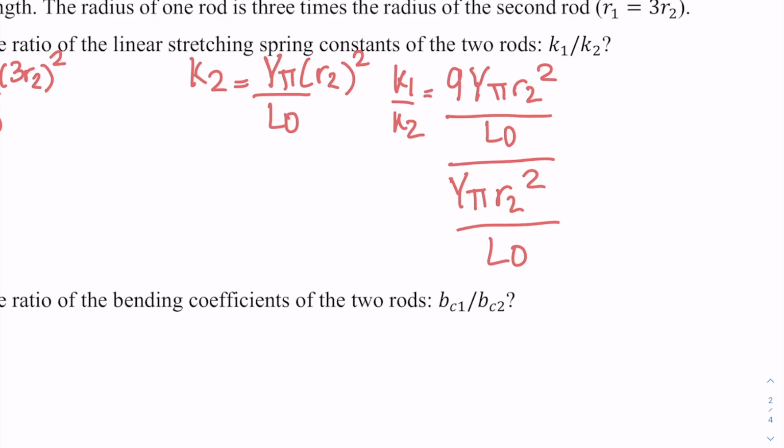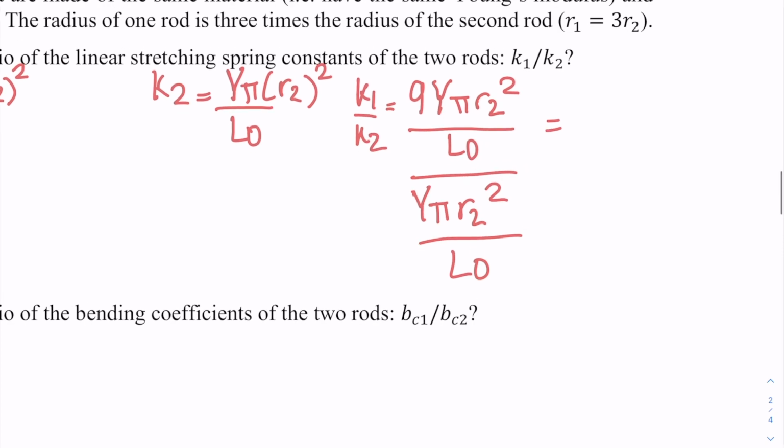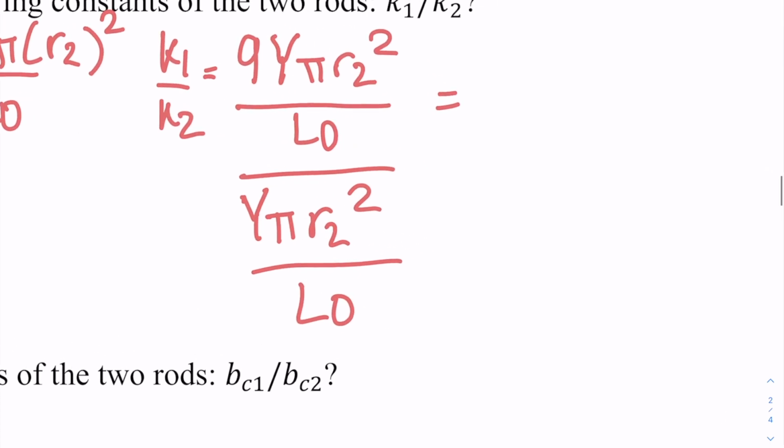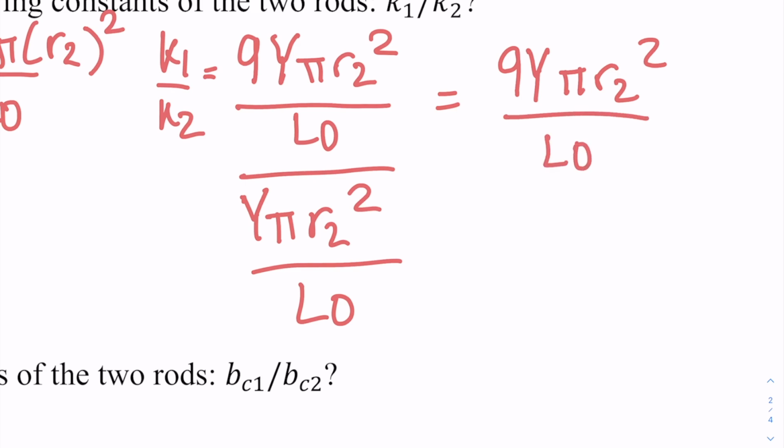And so you can see here, if you just flip this over and do your mathematical manipulation, I'm just going through this very intricately and step by step. So we can see that 9Y pi R2 squared over the original length, if we divide by this whole fraction here, it flips things over.